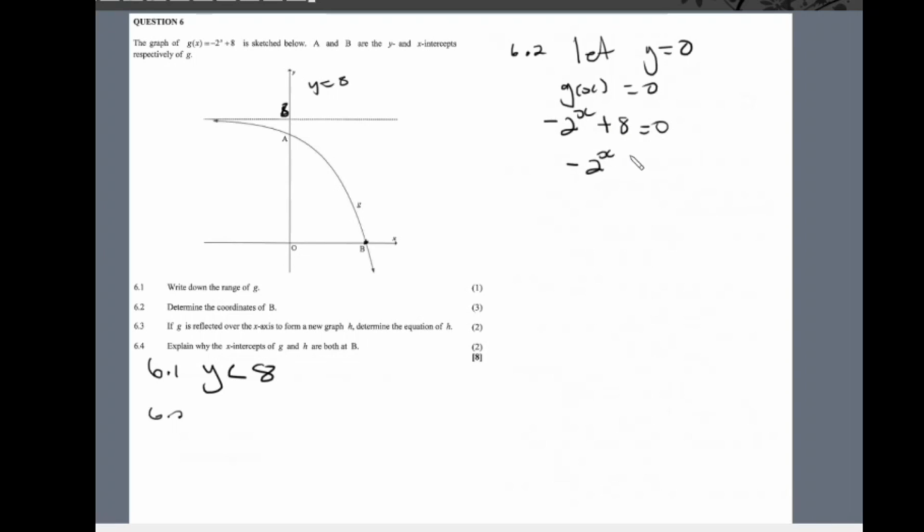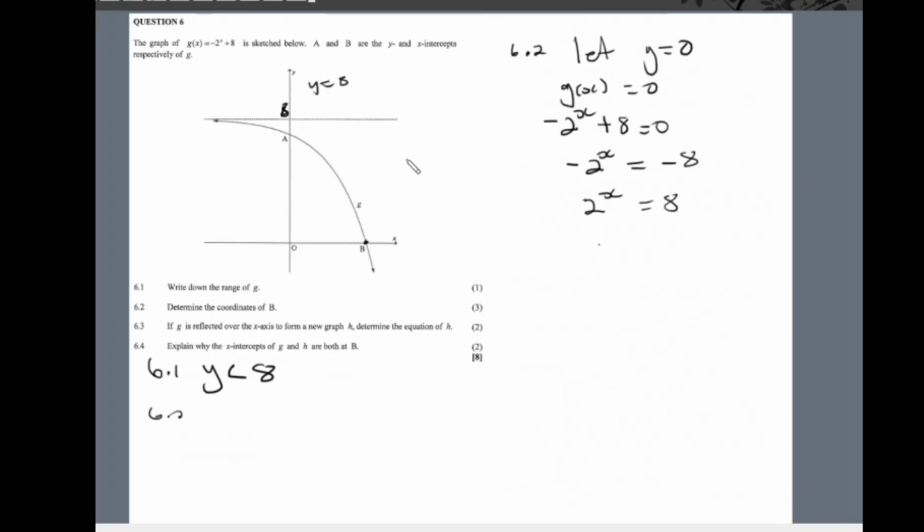We will have minus 2 to the power x is equal to minus 8. And then dividing both sides by a negative, we'll have 2 to the power x is equal to 8. And then now we have to make the bases the same such that we can equate the exponents, right?